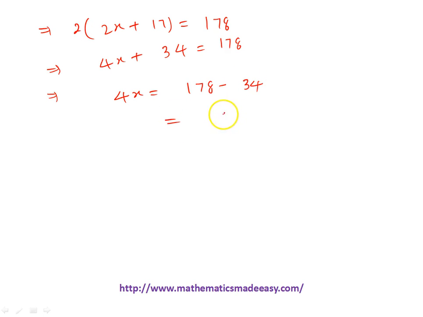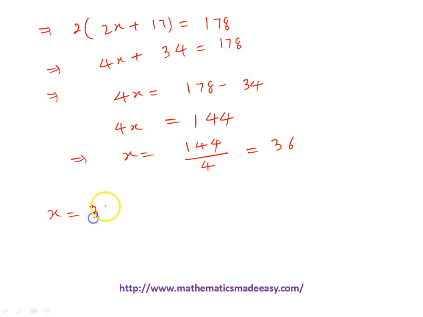Let's subtract it: that is 144. So 4x equals 144, x equals 144 divided by 4. So we got x equal to 36.